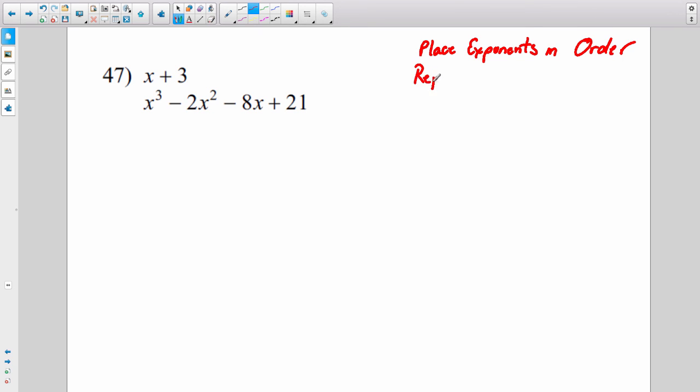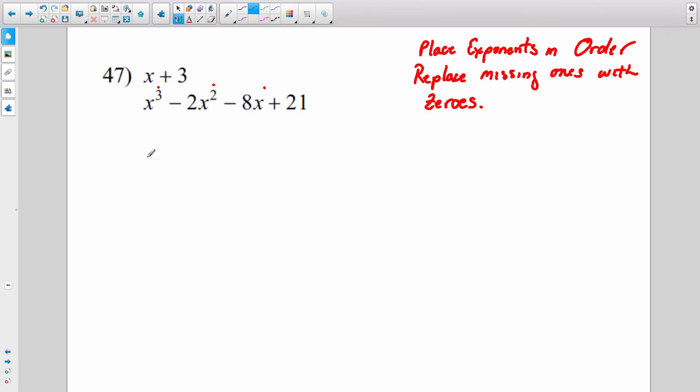Replace any missing ones. And you'll replace them with zeros. Is that how you spell zeros with an E? It just looks right, I guess. Okay. And that's it. So are these in order? Yes. 3, 2, 1, nothing.